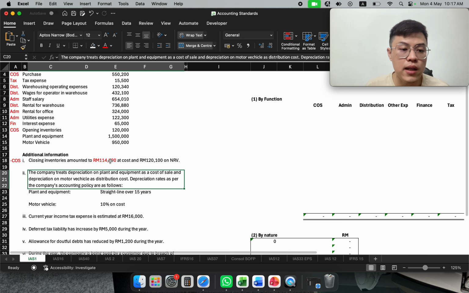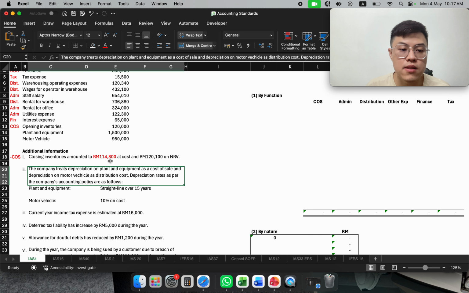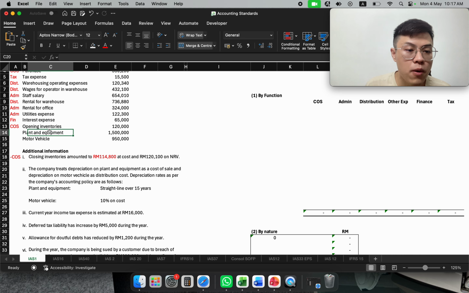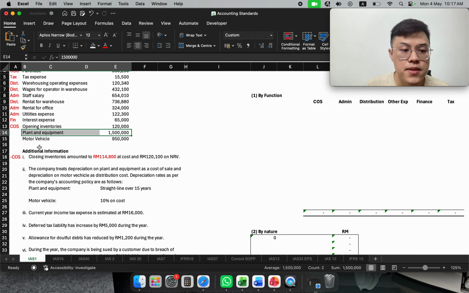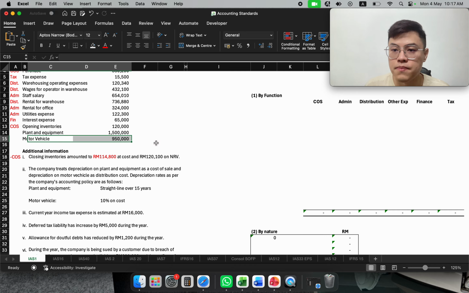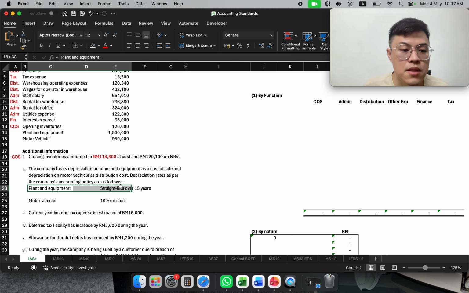The company treats depreciation on plant and equipment as cost of sales. So the depreciation for plant and equipment will be cost of sales, and the depreciation for motor vehicle will be your distribution cost. Depreciation policy as below. So let's calculate the depreciations.